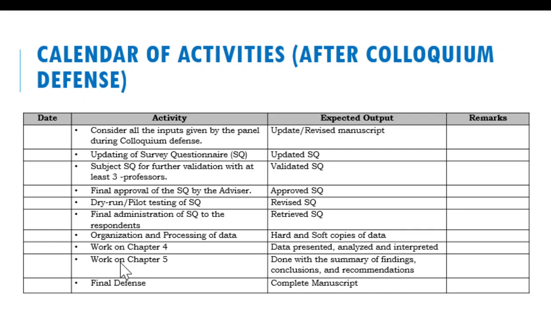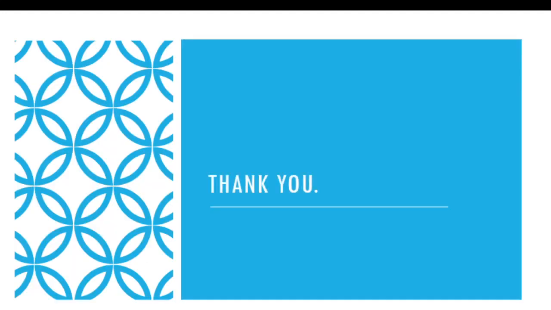There are activities there that you are actually planning to do after the title defense. This is good because it will give a good impression to the panel that you are really working well on your study. You are self-directed about your study. So this is good. And the last is no more.